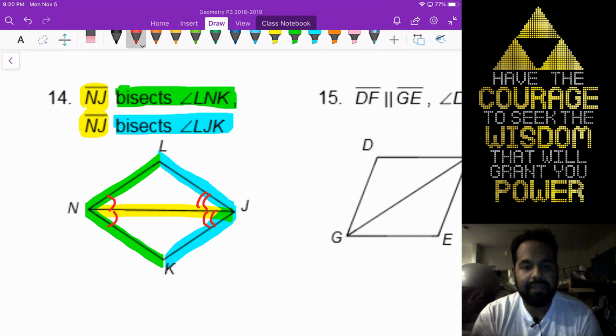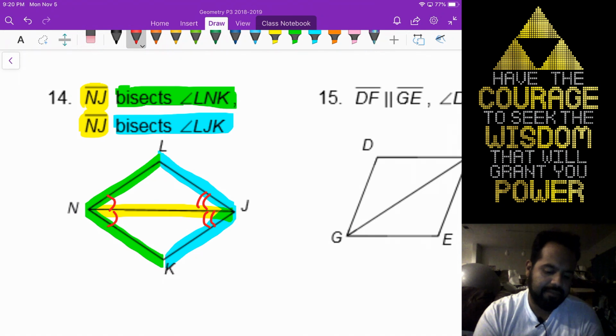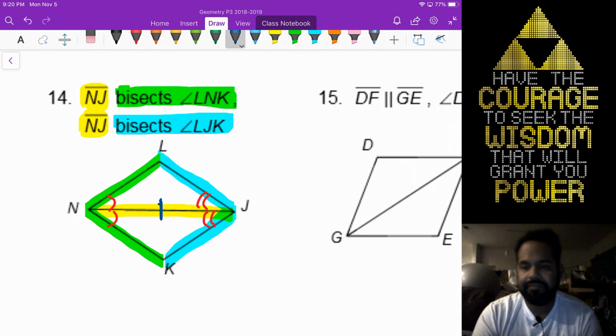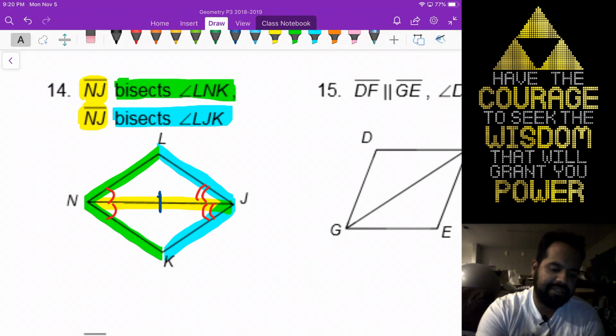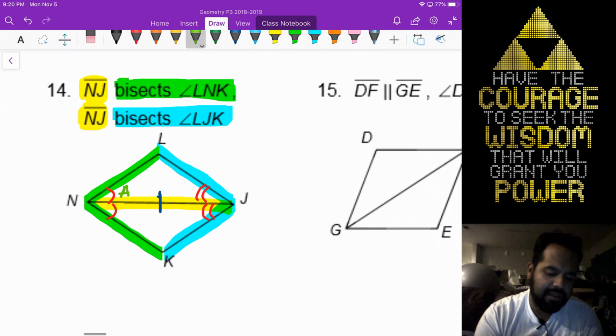Now I just look for any markings that I know I'm allowed to make. No assumptions made. These are inherent information. And lo and behold, we have the reflexive side again. So going back to our list, we have our angle, side, angle, which is definitely one of them.